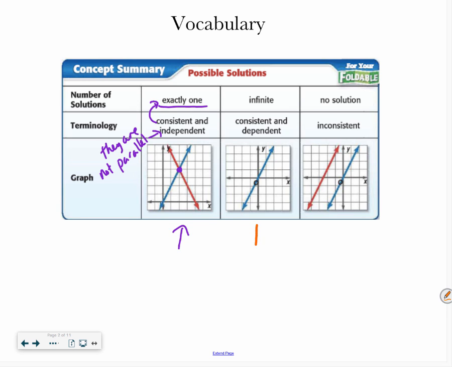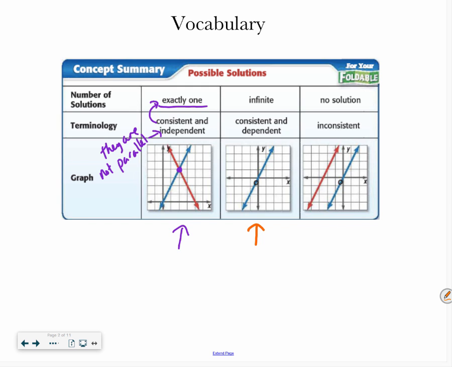If we look at our middle example, we have consistent and dependent with an infinite number of solutions. What this means is where you see that blue line on that graph, there's more than one equation that will give you that same line.